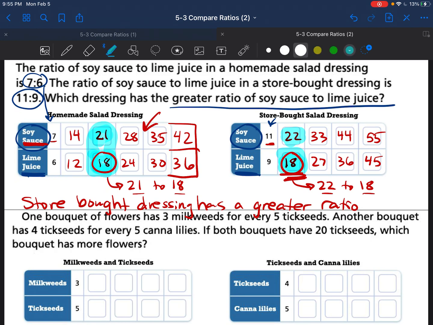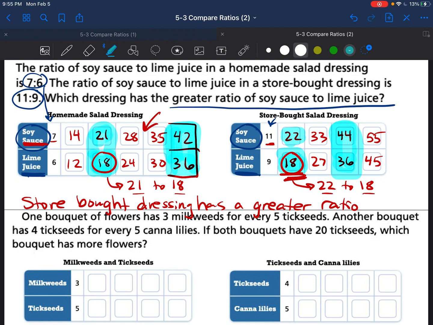And in the same instance, you see 36 for lime juice and 36 for lime juice there, and you're comparing it to 42 and 44. And in any ratio that we do compare, it works out the same. 44 to 36 is greater than 42 to 36. So our original statement that the store-bought dressing has the greater ratio of soy sauce and lime juice is correct. So let's look at this next one.